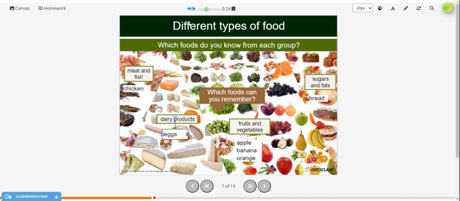Sandwich. Well, a sandwich could be under a lot of things. Some sandwiches have meat and fish. Some sandwiches also have cheese, which would go under dairy products.